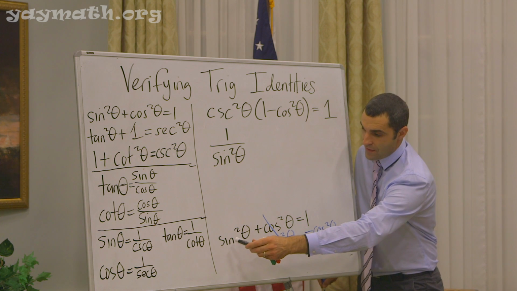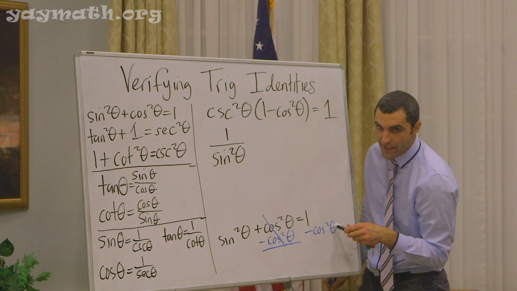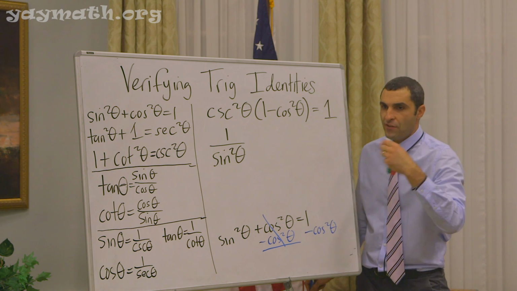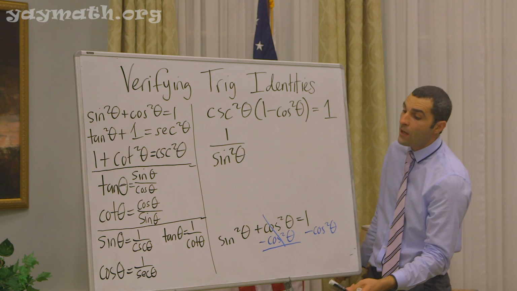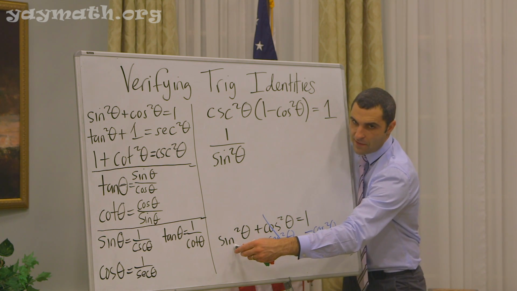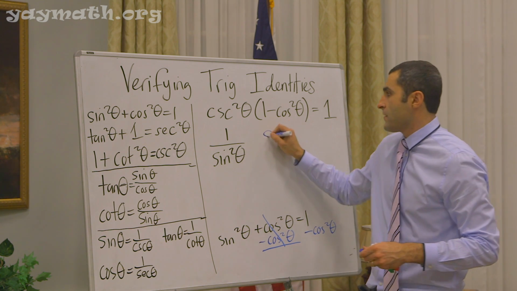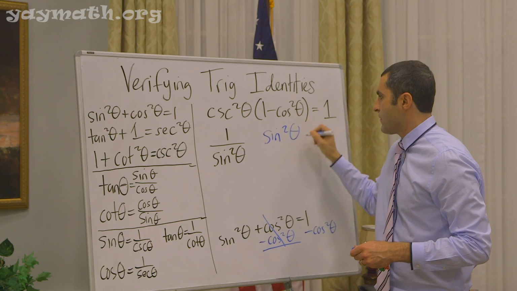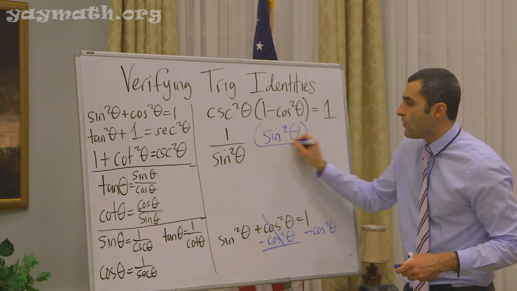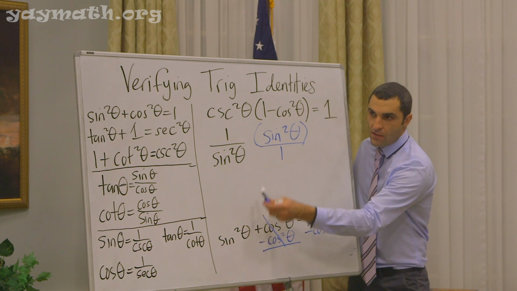Let's first establish, are we comfortable that 1 minus cosine squared is the same as sine squared? Can I write sine squared here? All right. 1 minus cosine squared is sine squared. Now, any questions about issues with that?